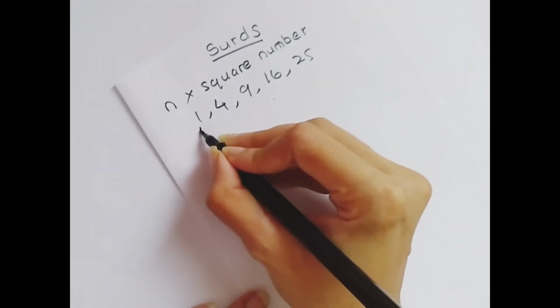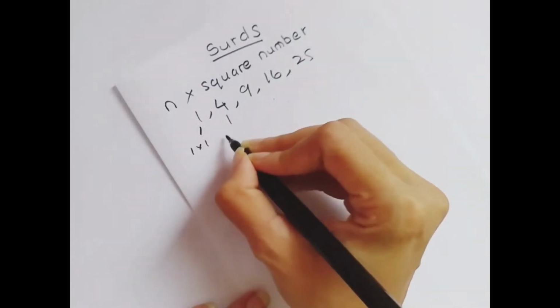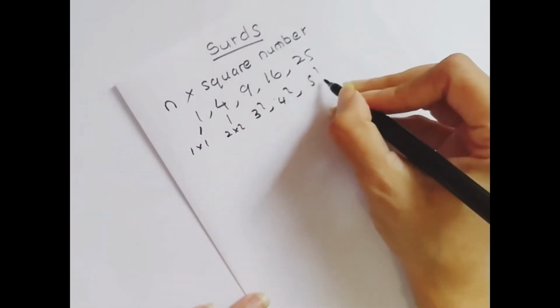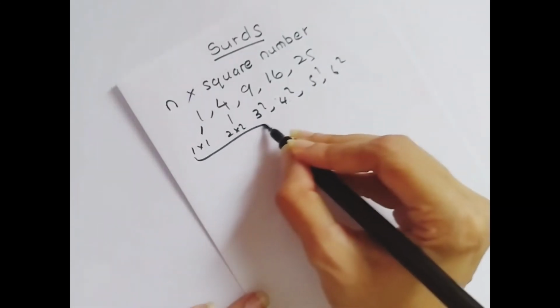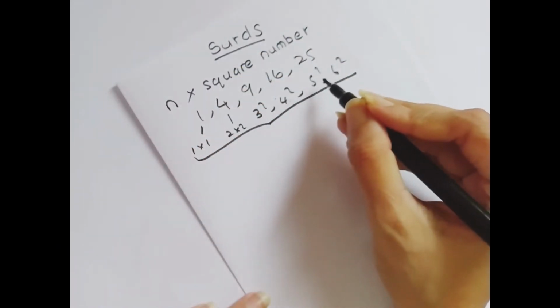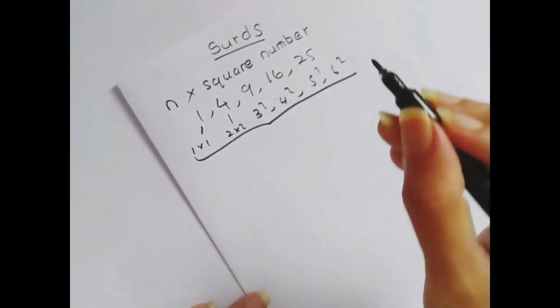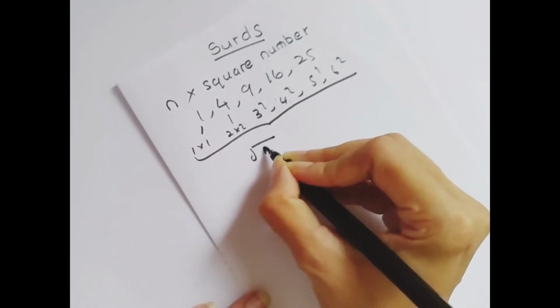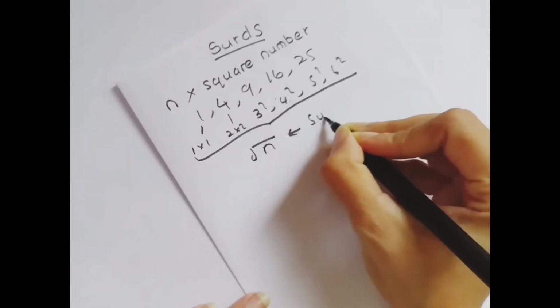That means 1 into 1, this is 2 into 2, 3 squared, 4 squared, 5 squared, 6 squared. So likewise, if it is not a square number, then any multiple of this root n is a surd.